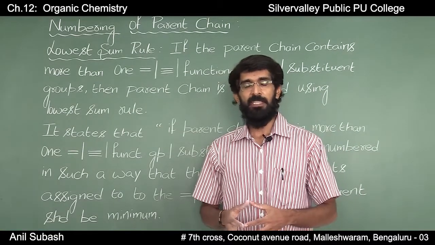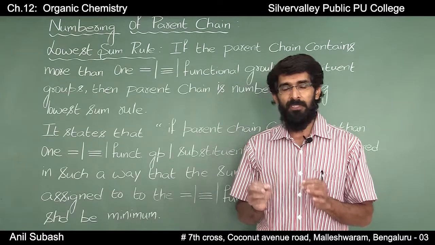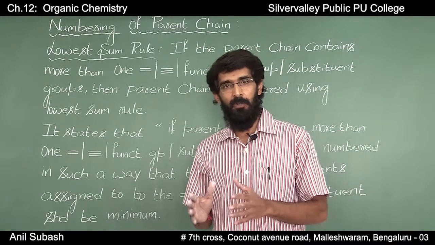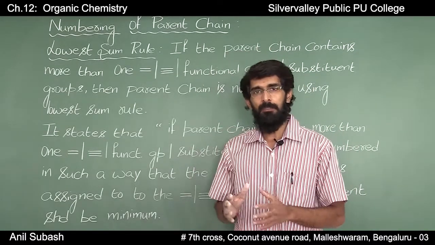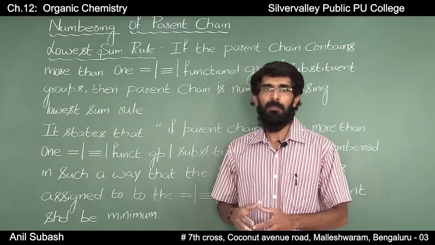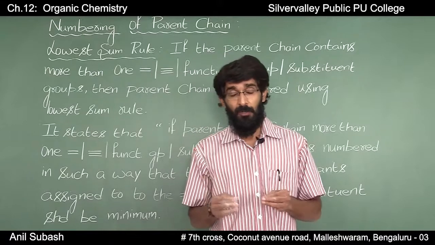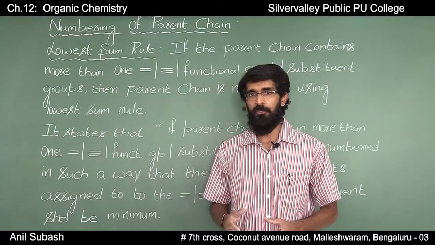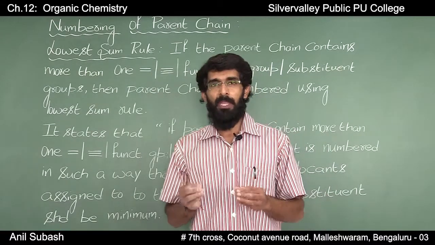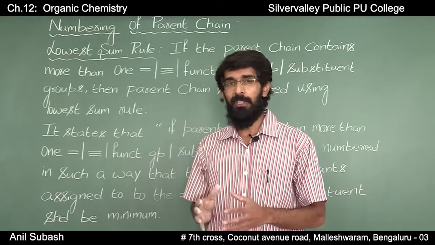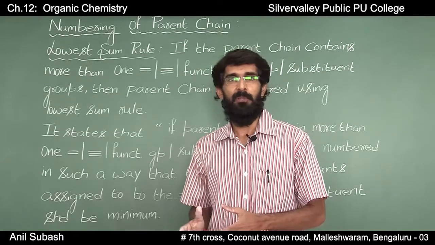If the parent chain contains more than one double bond or more than one triple bond or more than one functional group or more than one substituent group, then the parent chain is numbered according to the lowest sum rule.